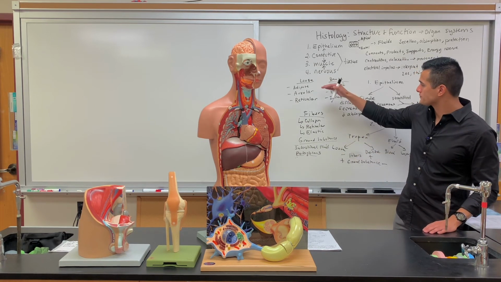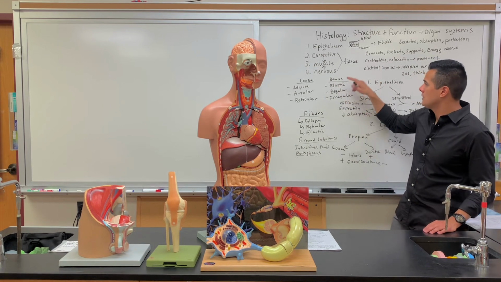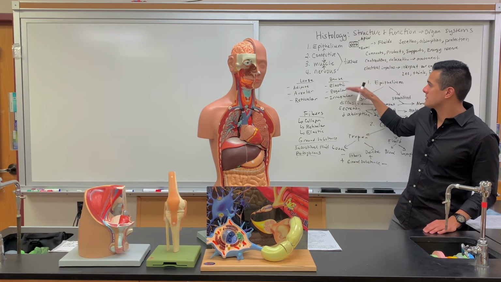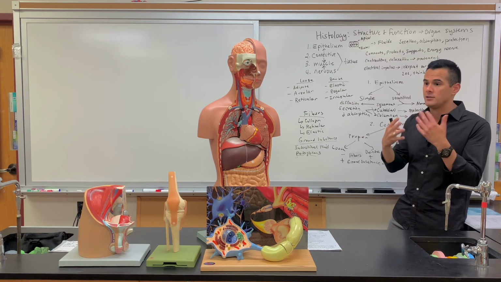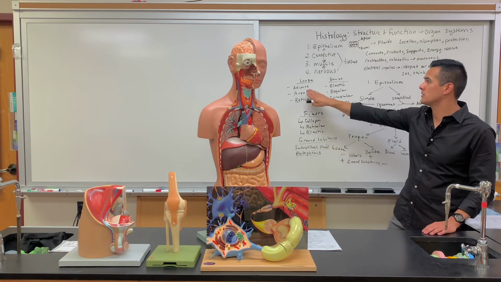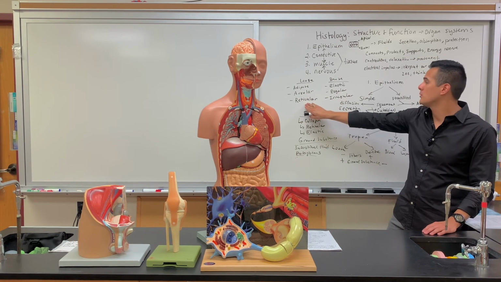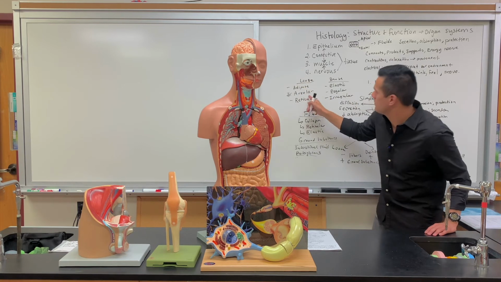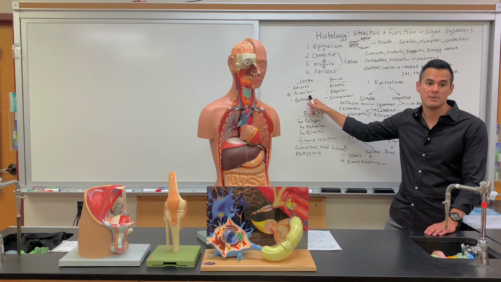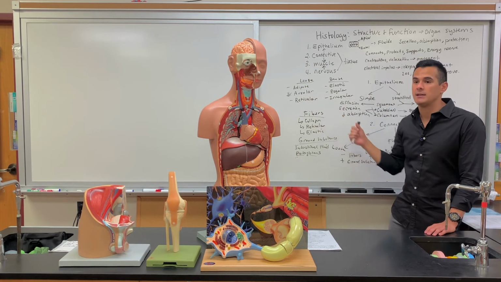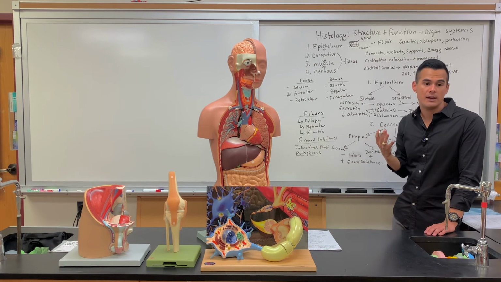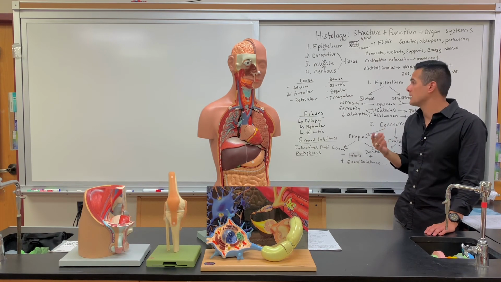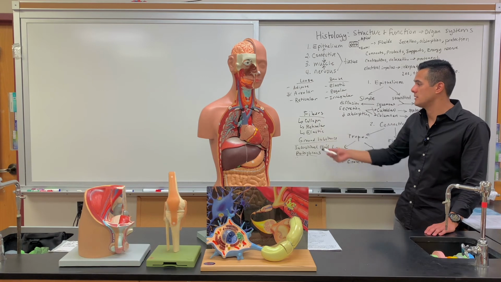For dense, we have all of these proteins intertwined with each other, and for the loose, you have adipose, areolar connective tissue, and reticular. Areolar is the most abundant one found in the body because it has an immune component, and includes all three of these different fibers.